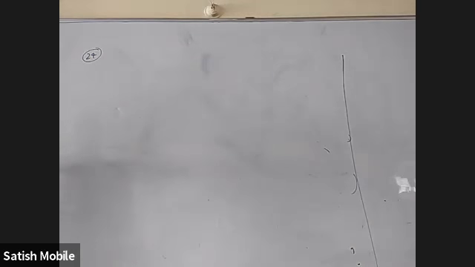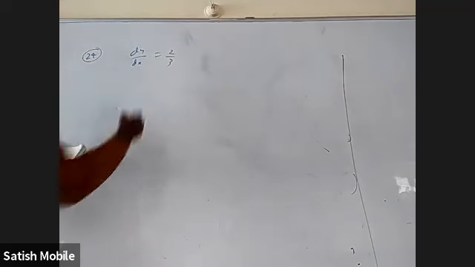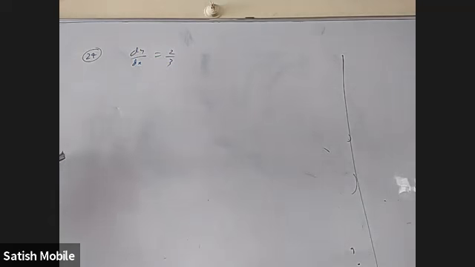The point on the curve so that the tangent has a slope 2 by 3, then the point through which the normal at P passes. Okay, fine. They gave dy by dx is 2 by 3. They did not give the point. We have to find the point where dy by dx is 2 by 3.